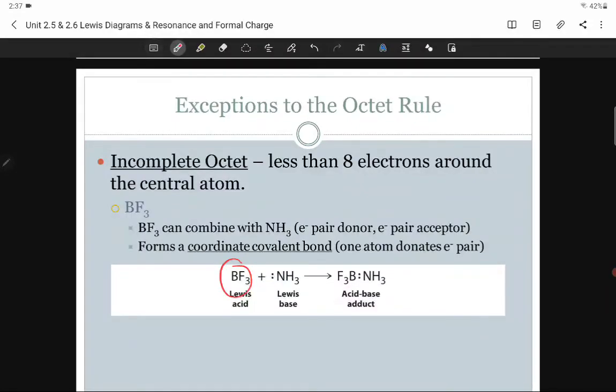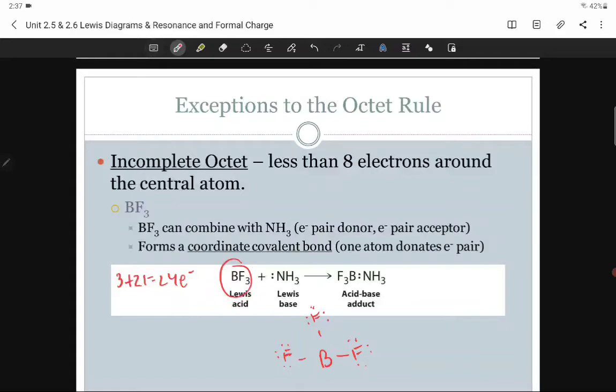BF3. BF3, boron is 3 electrons. Fluorine is 7 times 3, 21, for a total of 24 electrons. So it looks like there's fluorine.